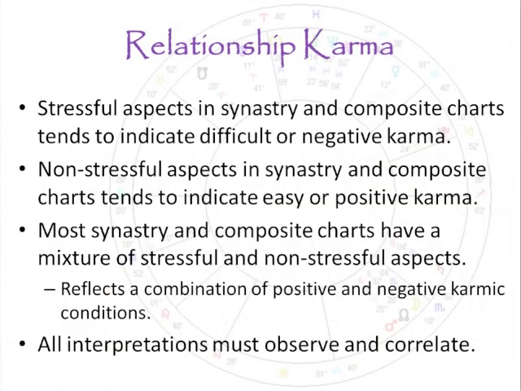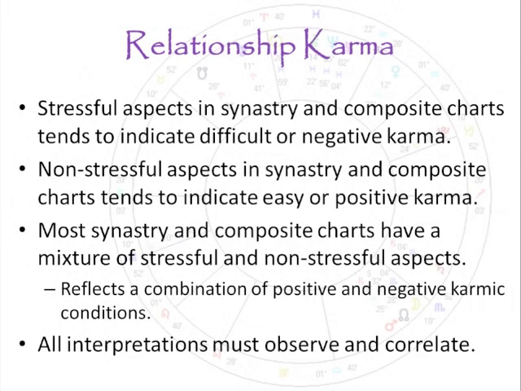Also, just a little review as we start to move into those synastry and composite charts as well. When we find what we would call quote-unquote stressful aspects in synastry or composite charts, that's going to start to indicate perhaps difficult or negative karma. Non-stressful aspects in synastry and composite charts will perhaps indicate easier, positive karma.